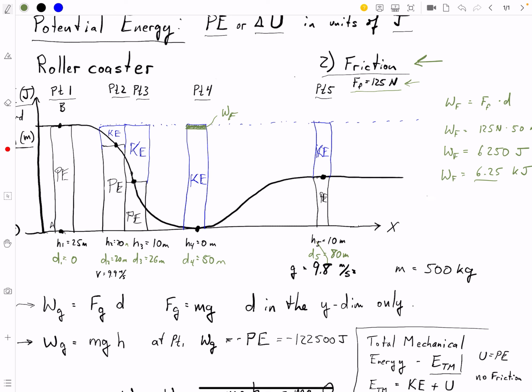Okay. Our total mechanical energy is equal to our kinetic energy at every point along the way plus our potential energy, minus our work of friction.